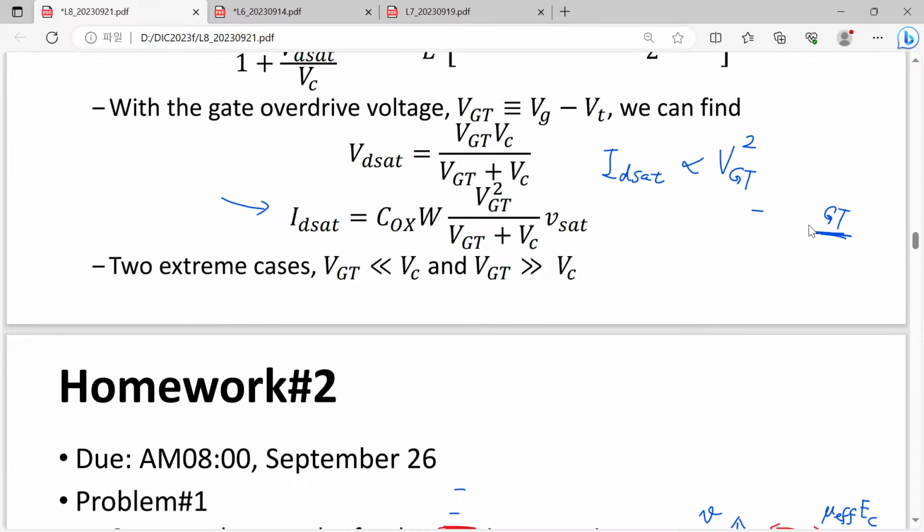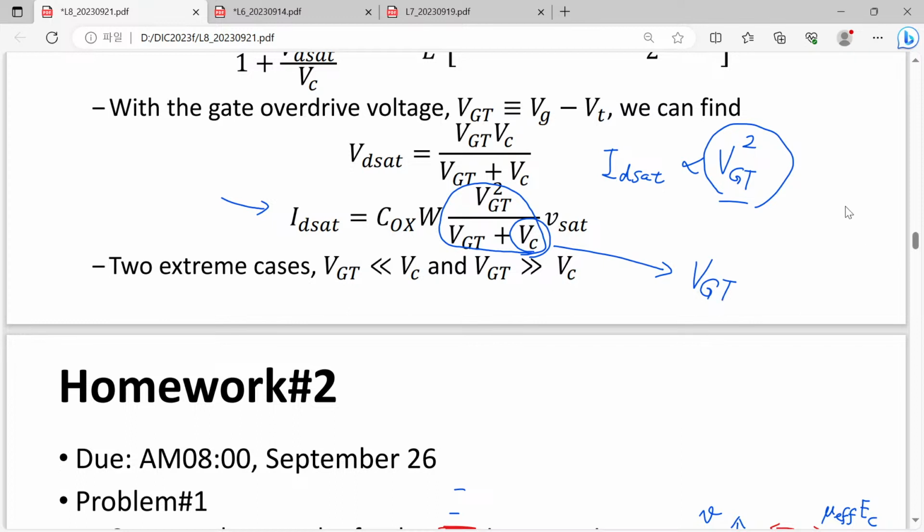So when you change your gate voltage, your gate overdrive voltage changes and you have a quadratic dependence. But with the short channel expression, when you have a quite small critical voltage corresponding to a short channel device, then in this extreme this part just reduces to a linear dependence of your drain saturation current with respect to the gate overdrive voltage.